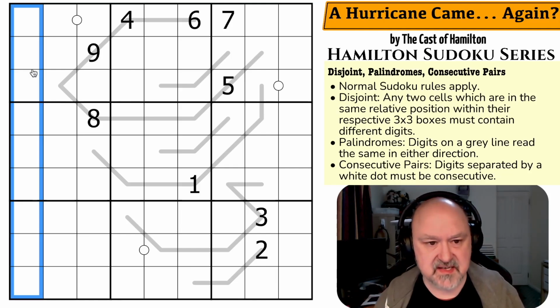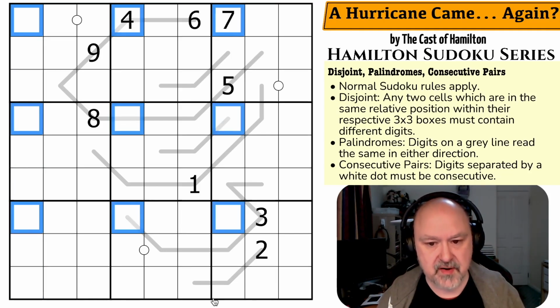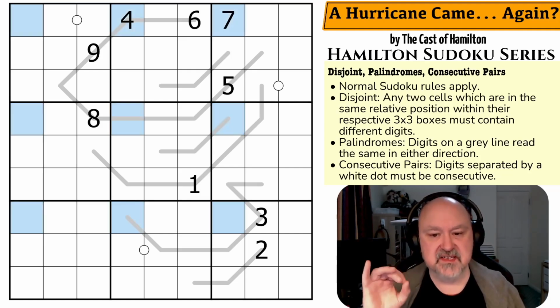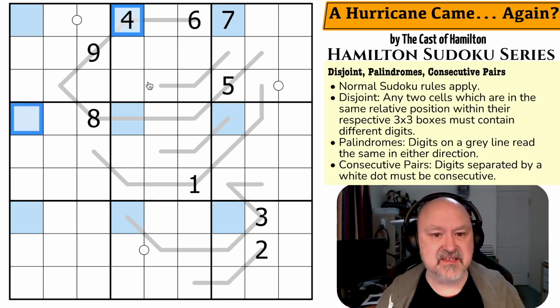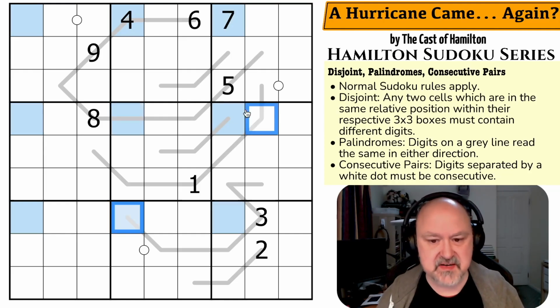What that means is if you were to pick any cell, and let's for now pick the top left cell of all 3x3 boxes, let's highlight those in blue, those must also contain a set of the digits 1 through 9 without repetition. Why? Because any two cells that have that same position must contain different digits, and there's 9 of them. So that cell must be different from all of the cells in that position.